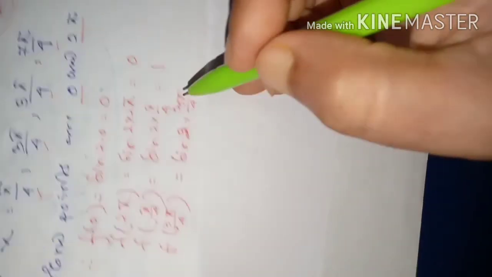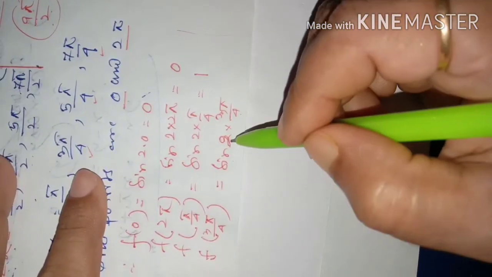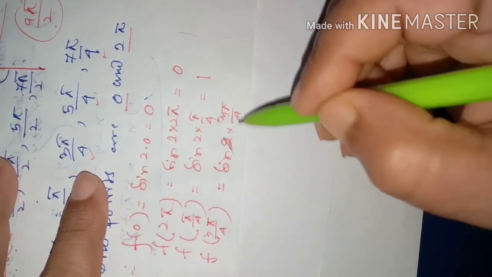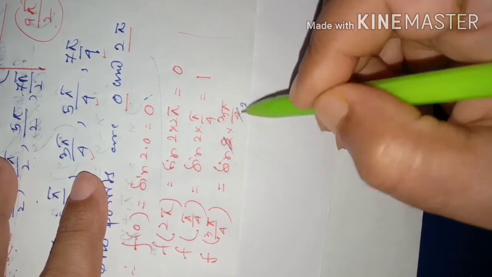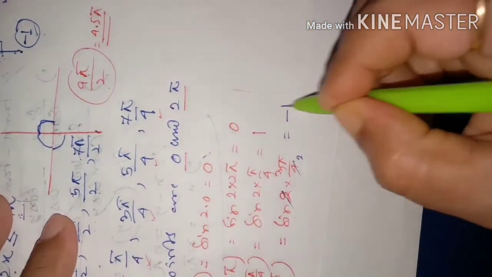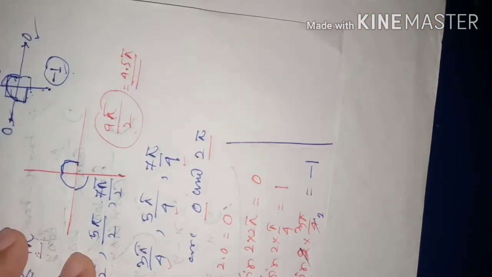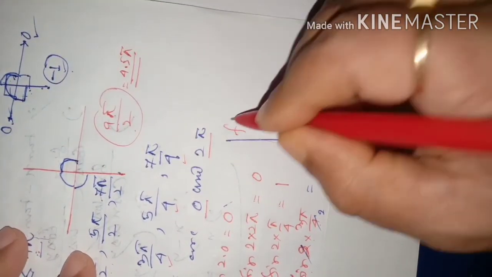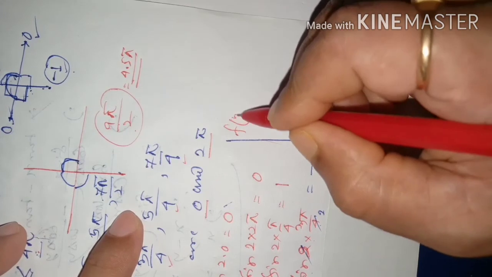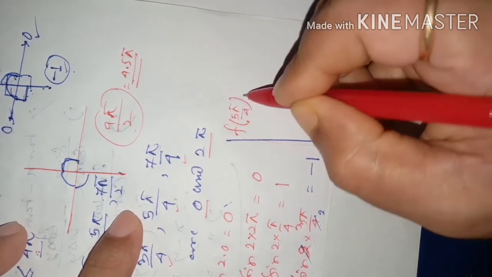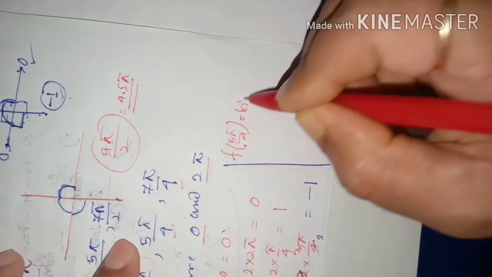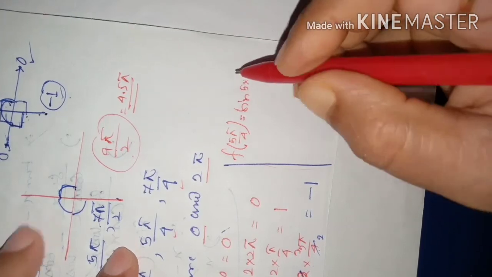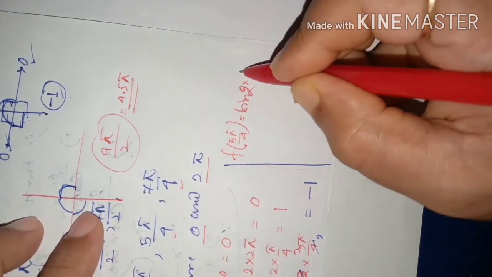So if you think sine of 2 into 3 pi by 4, the 2 will get cancelled, so 3 pi by 2. 3 pi by 2 means minus 1. So it will be equal to minus 1. Then again you can write f of 5 pi by 4. That will be equal to sine of 2 into 5 times pi by 4.